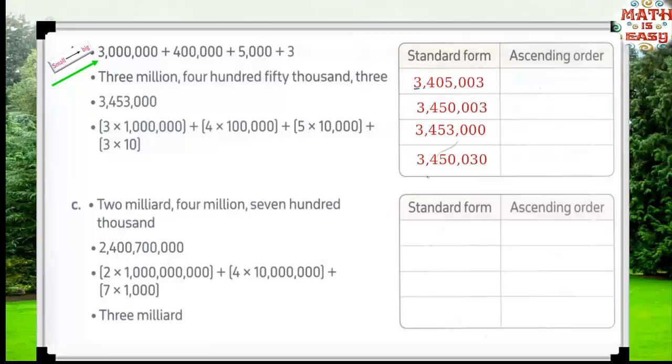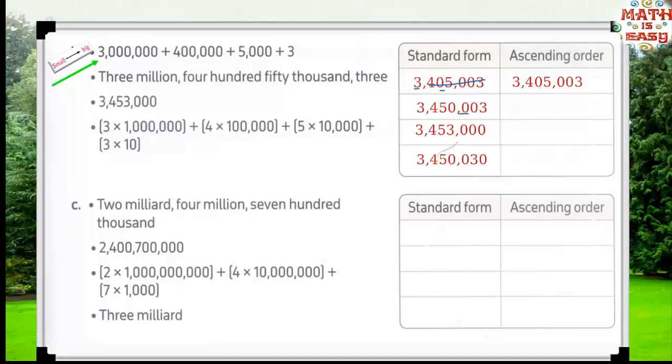3 in all numbers in the millions place, and 4 in the hundred thousands place in all numbers too. Here we have 0, 5, 5, 5. Which one is the least or smallest? This number is the first number. Compare further down. We have here 5, 5, 5. Go to the next place, thousands. We have 0 and 3, 0.